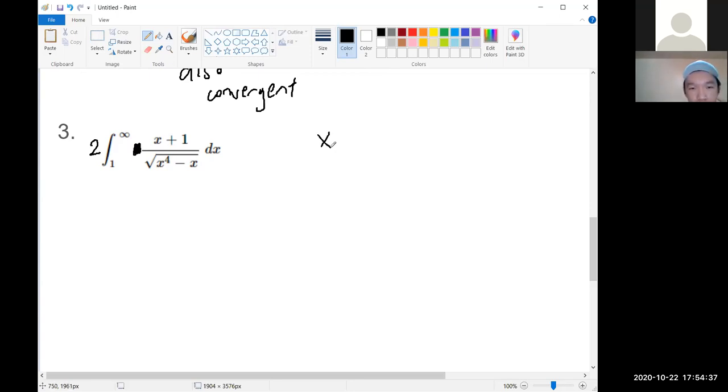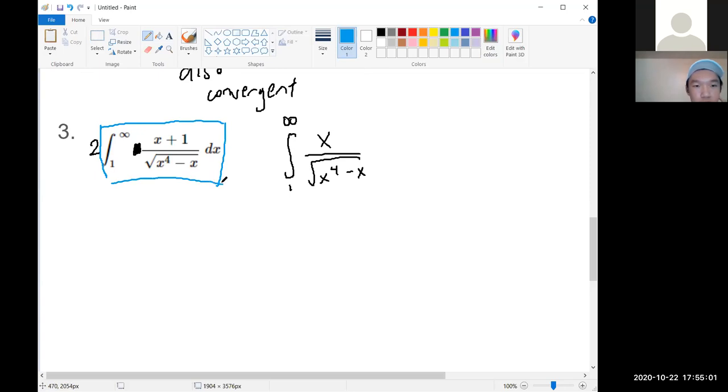So consider this integral here, x over the square root of x to the 4th minus x, from 1 to infinity. Now, if you were to put an inequality sign between these two integrals, so this one and this one, what will be your inequality sign? Greater than?